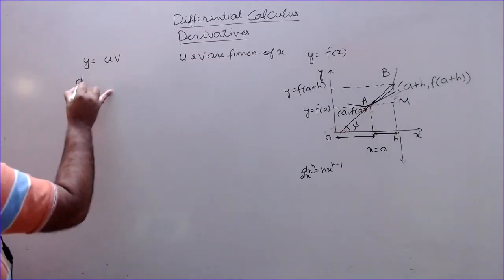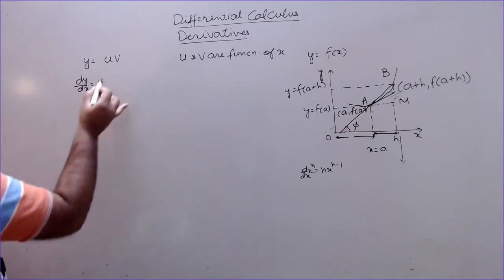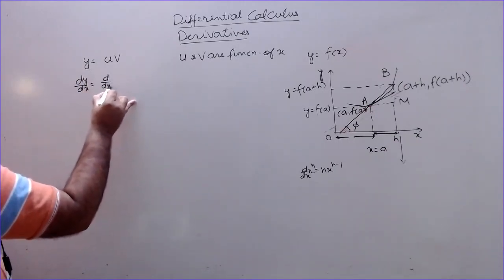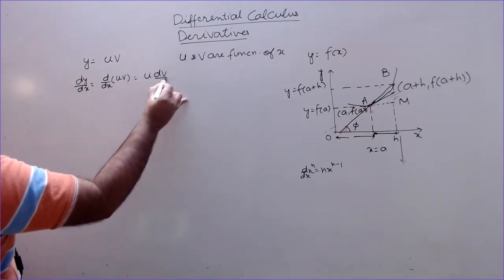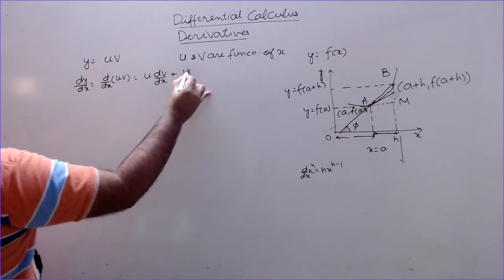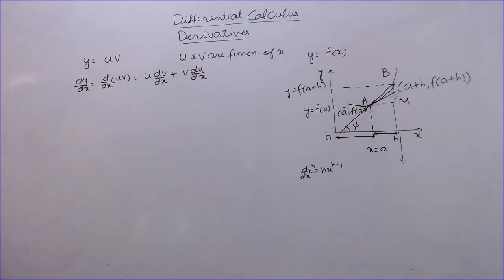We have to find dy by dx. This is given by d by dx of u into v, which is u dv by dx plus v du by dx. So this is how you can find the derivative.